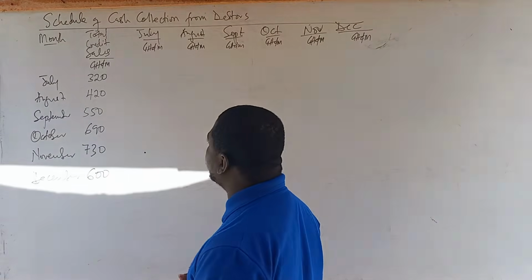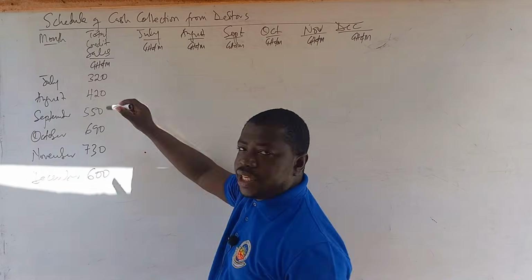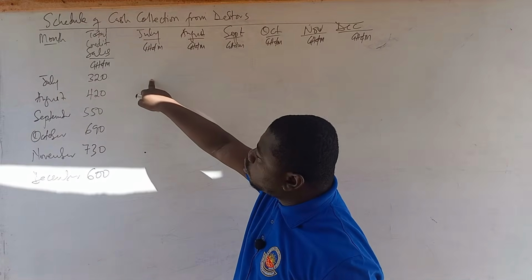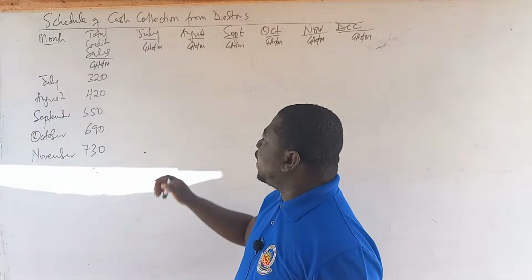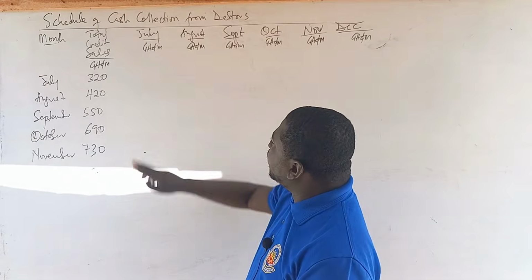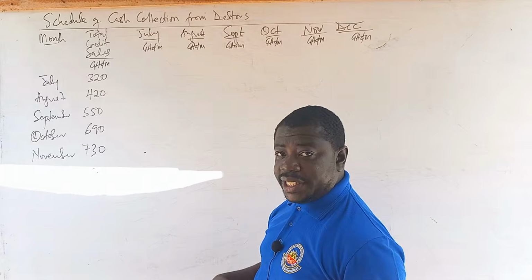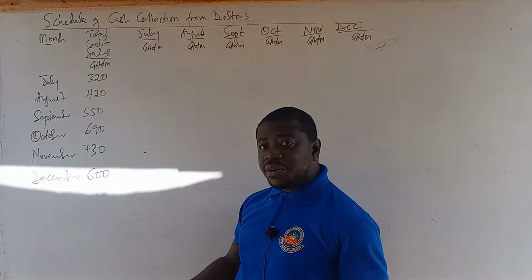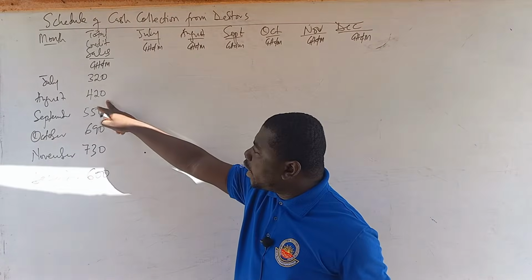So when we pick July credit sales of 320, we calculate 60% and assume we are collecting that in July because it's for July. Then we punch 30% and collect that in August, so we put it under August as a receipt in August. The final 10% will come under September as a receipt in September. So that is what we mean. When we come to August, it's the same thing.